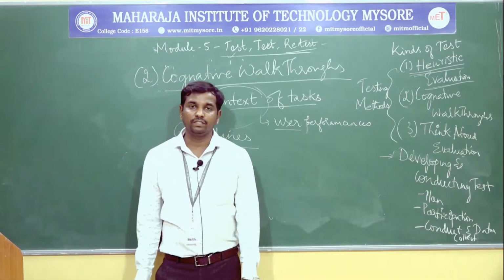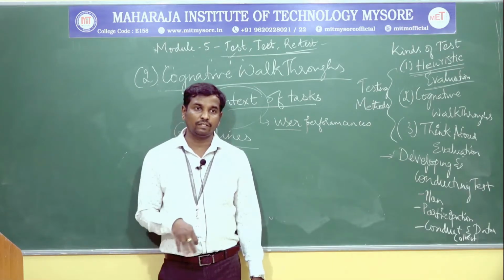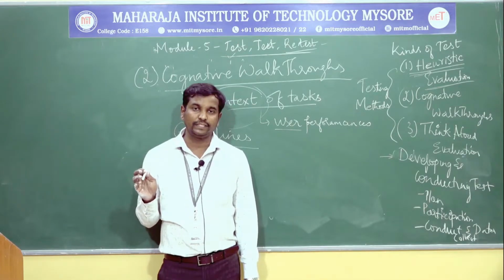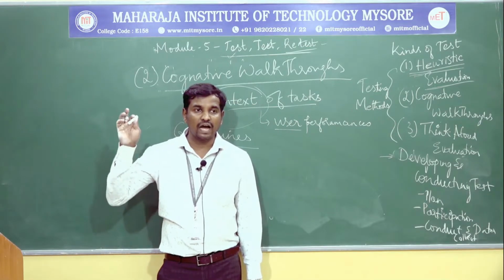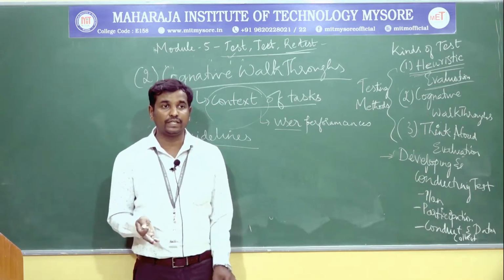What do the guidelines mean? We need to give a proper description of the task he wants to do, and the users should have knowledge of the product they are using.